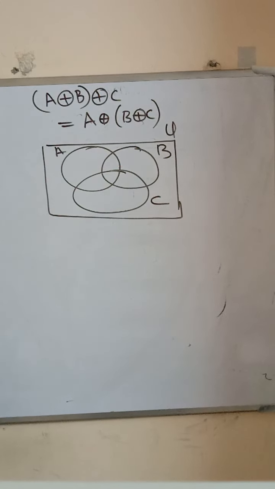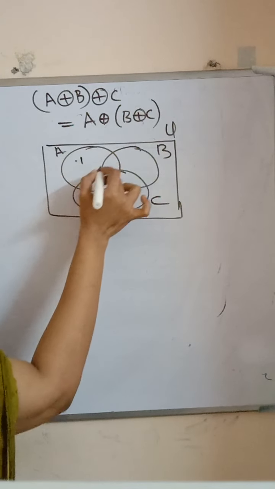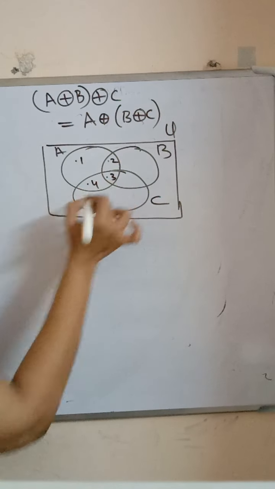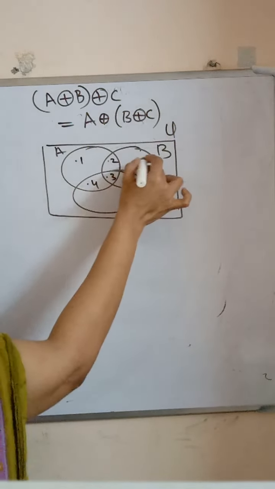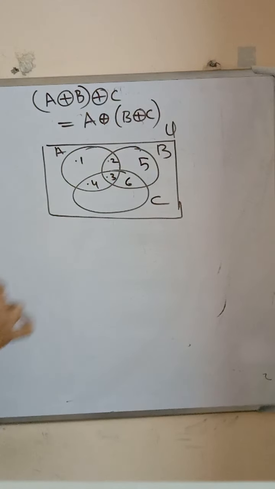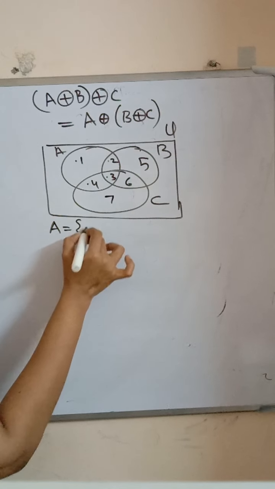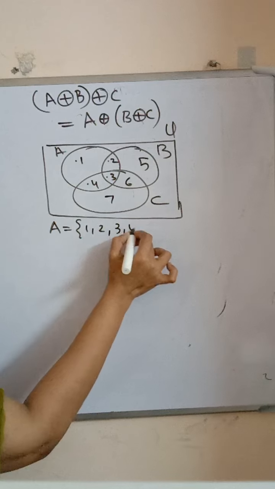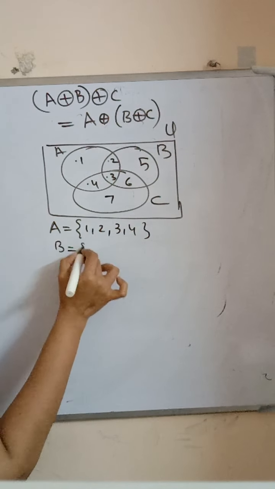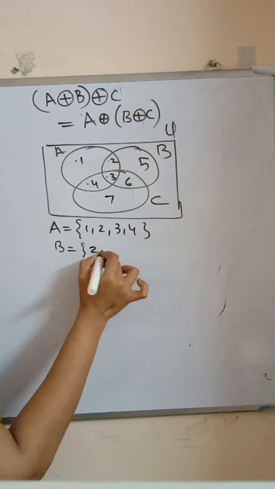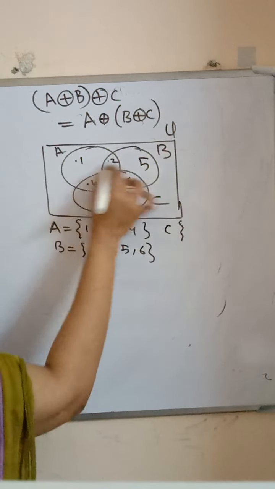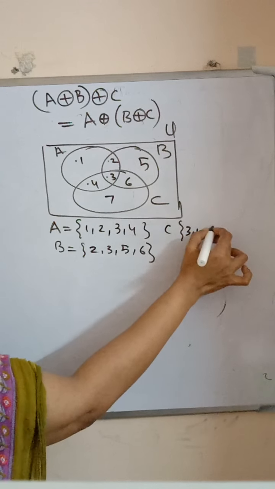And the numbers are 1, 2, 3, 4, 5, 6, 7. So the set A from this Venn diagram: this circle contains the points 1, 2, 3, 4, and B, the circle, contains 2, 3, 5, 6, and C, this circle, contains 3, 4, 6, 7.